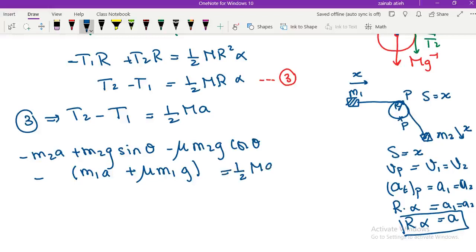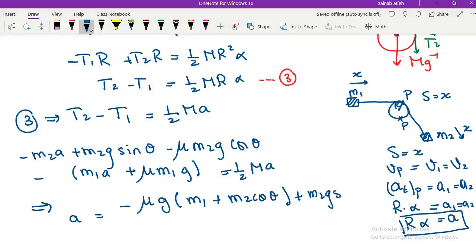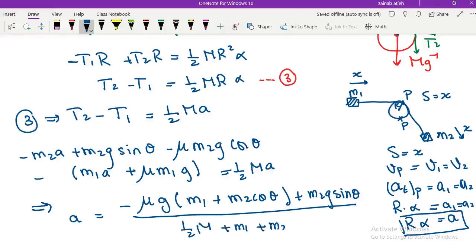لاحظوا صار عندي equation ما فيها إلا بس one unknown اللي هو ال A. I will arrange this will give me implies A equals minus mu G (M1 plus M2) cosine theta plus M2G sine theta over half M plus M1 plus M2. انتو عملوها لحالكم على رواق.